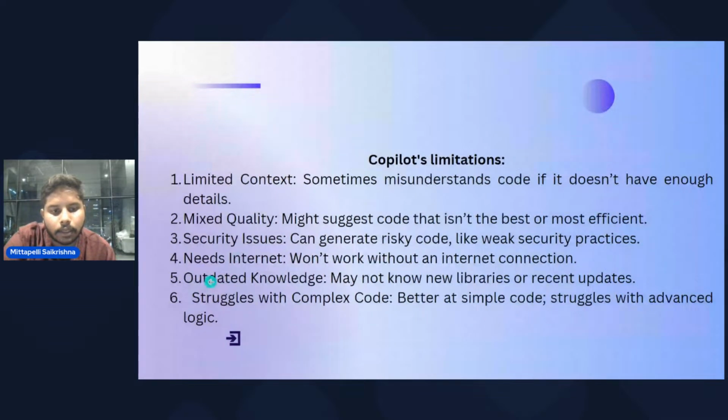Next, outdated knowledge. It means if a developer develops the copilot in a certain year, for example, let us take the ChatGPT older version, which is trained up to 2021. It has the data only up to 2021.